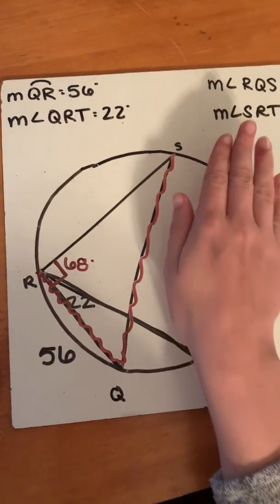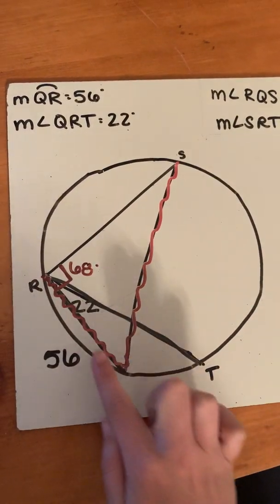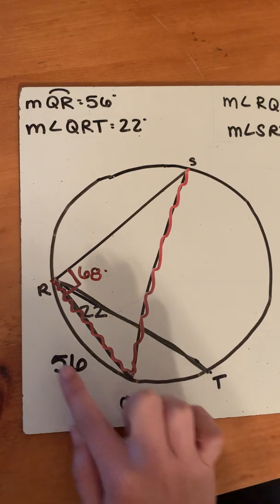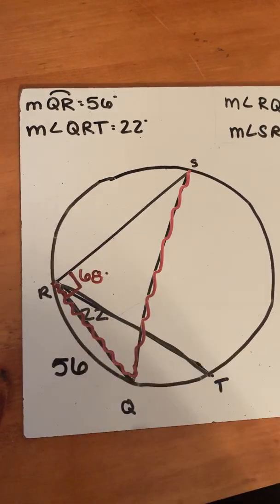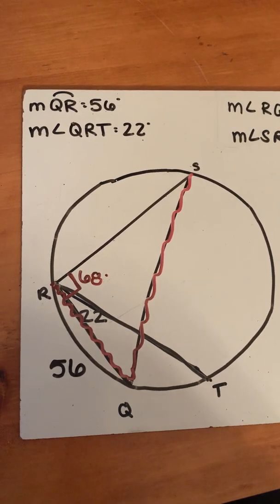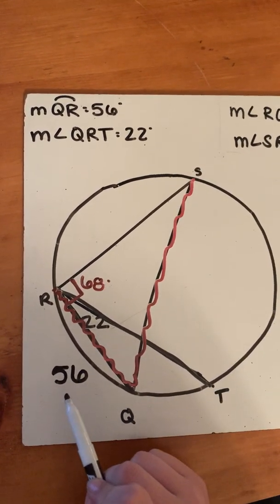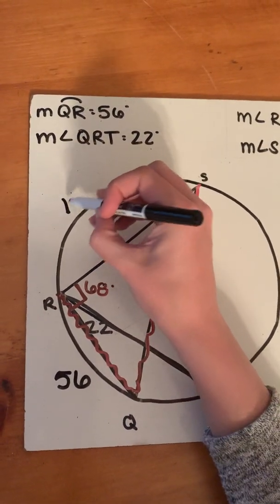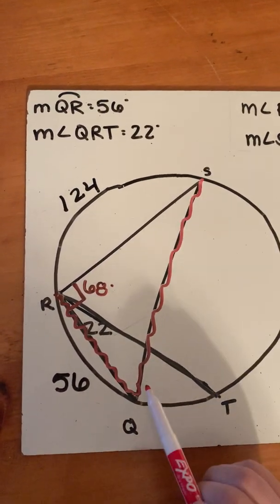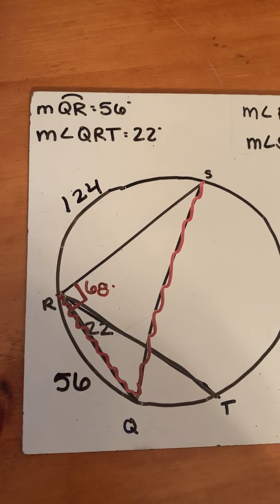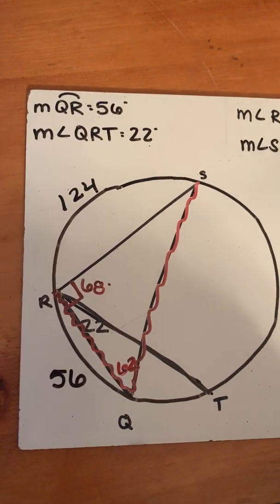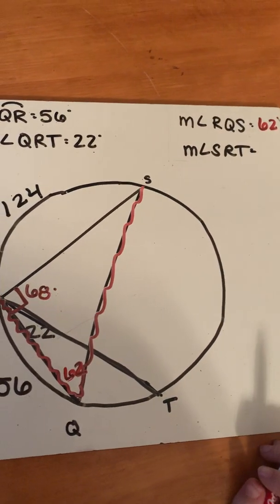Of course, it's part of this semicircle, and a semicircle adds up to 180. We know from here to here is 56, so I should do some subtraction. 180 minus 56 is 124. This is going to be half of 124, which is 62. So this is a 62-degree angle.